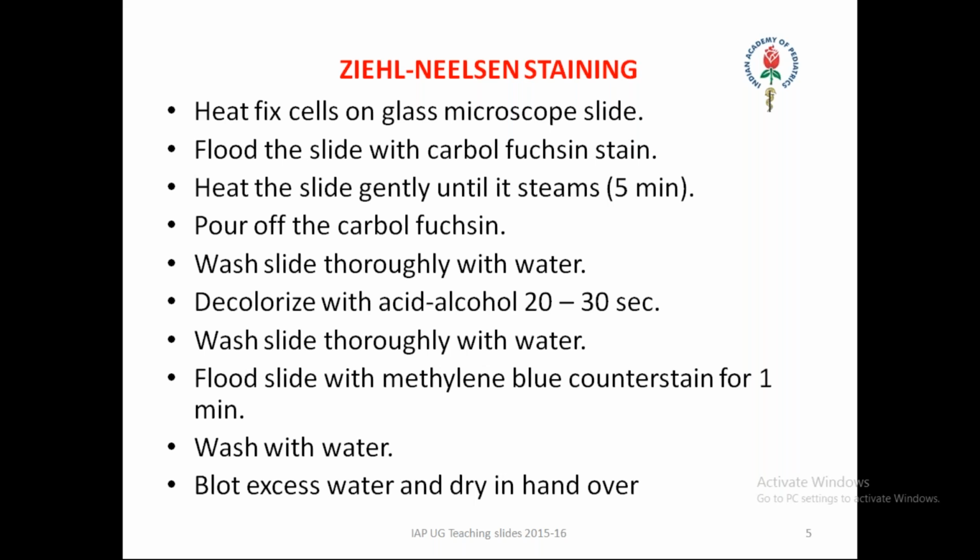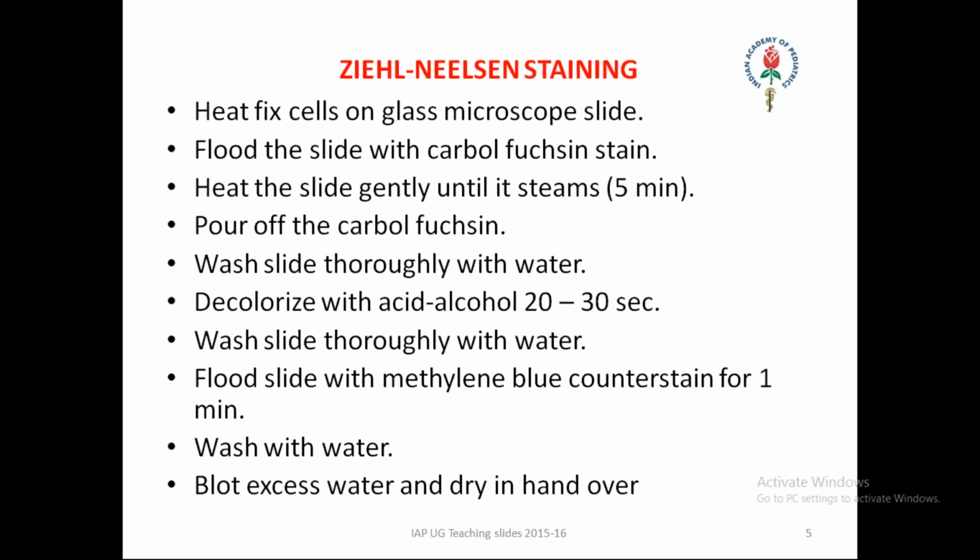Then you decolorize with acid alcohol and keep it for 20 to 30 seconds, and wash again thoroughly with water. Next flood it with methylene blue counterstain for 1 minute and wash it with water. Blot the excess water and dry the slide.